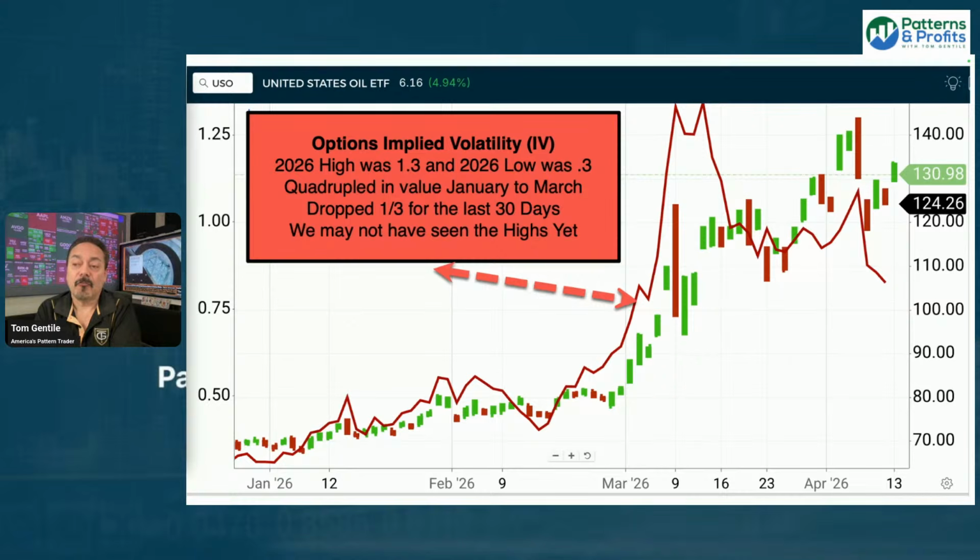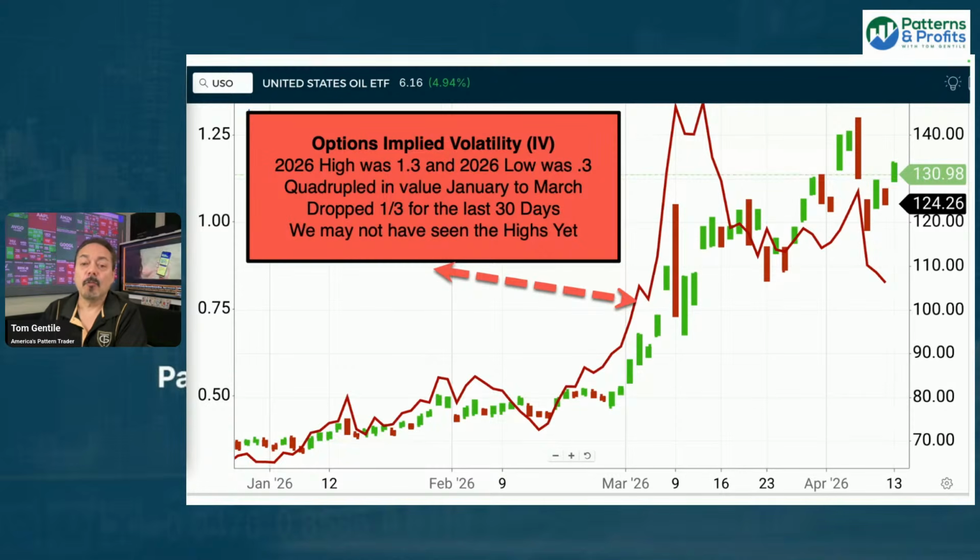But since those March highs, it has dropped a third in the last 30 days. We may not have seen the highs yet in USO, but we have probably seen the highs in implied volatility for the year.